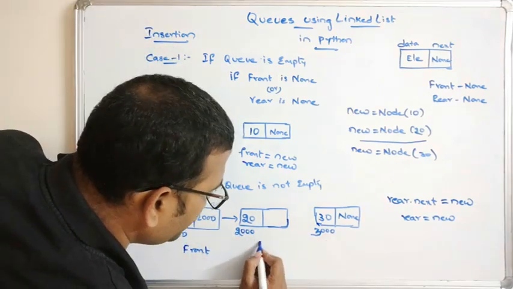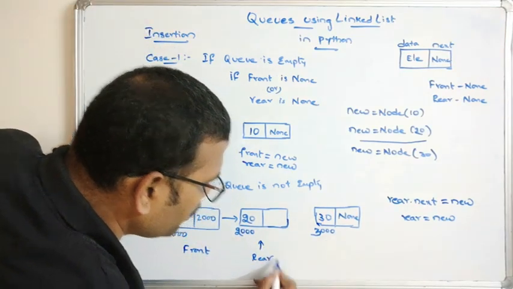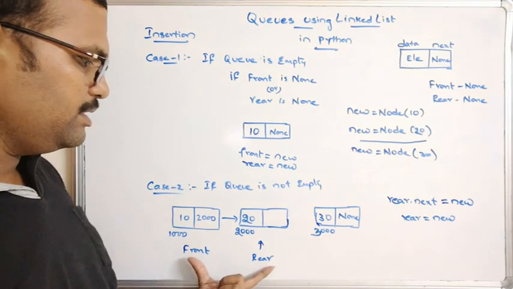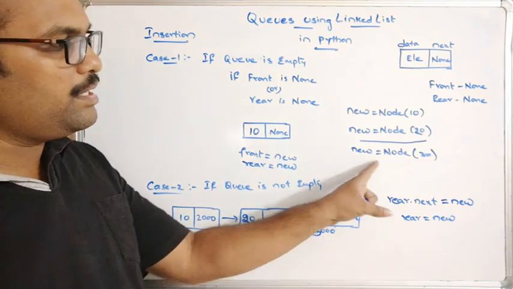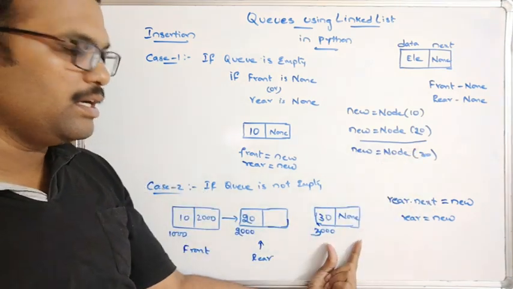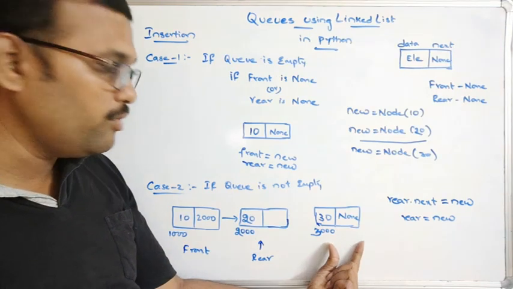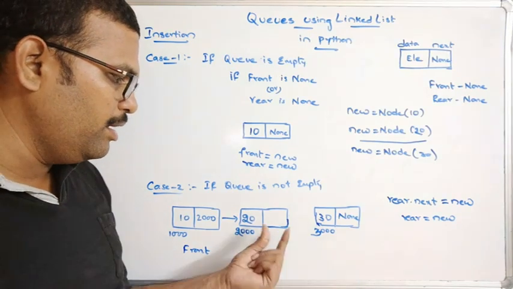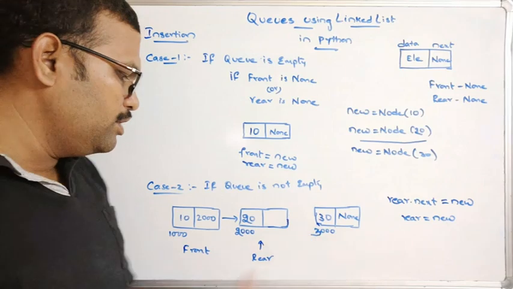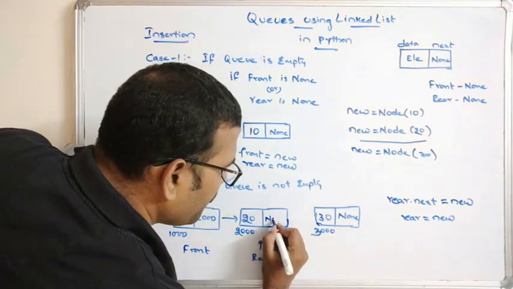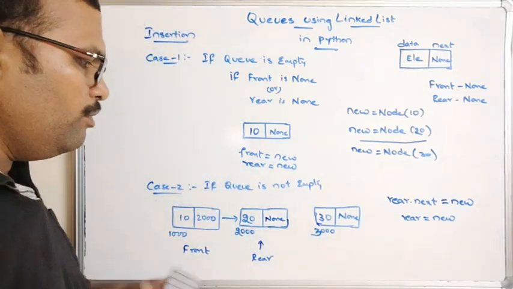Rear is pointing here. So after having two elements, this is the position, and we are inserting the third element 30. So this is the third element. What we have to do? We have to establish the link between second node and the third node. So initially this is none, right? This is none. Now what we have to do?